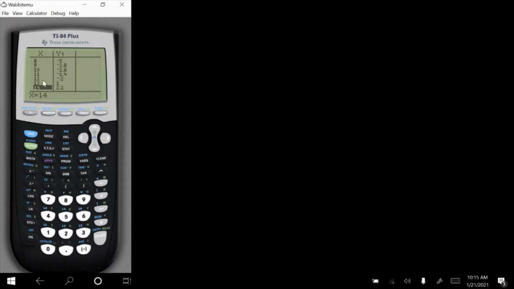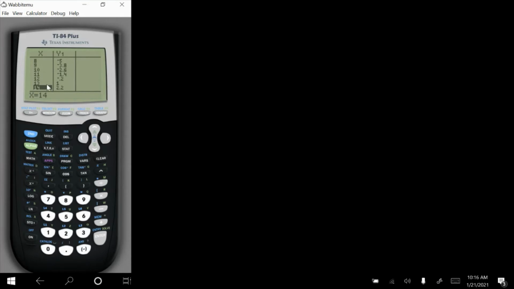It appears to happen between 12 and 13. When x is 12, we have a negative y value, and when x is 13, we have a positive y value. So this is an indication that there's going to be an X-intercept perhaps between 12 and 13.